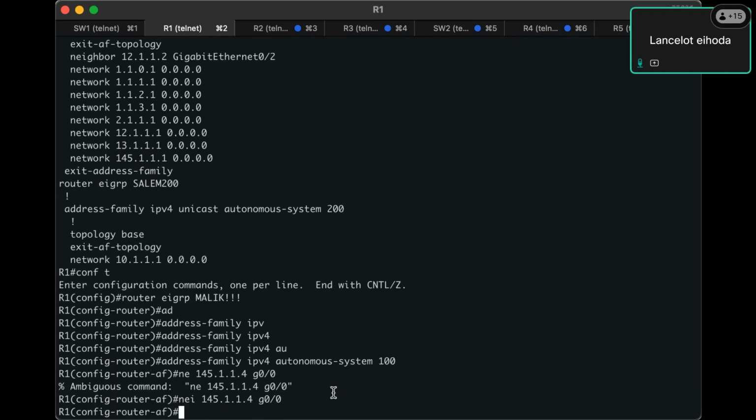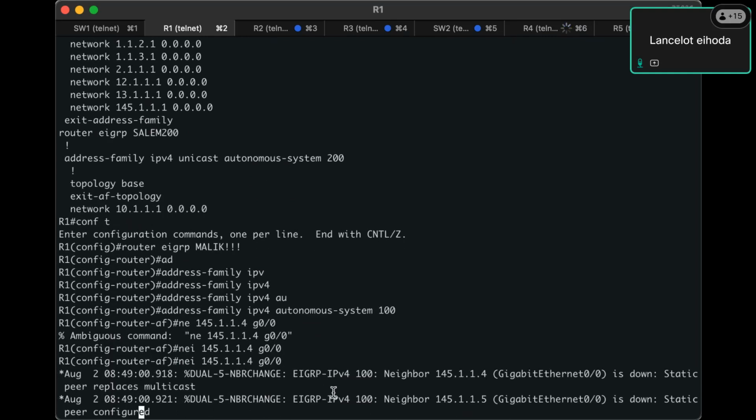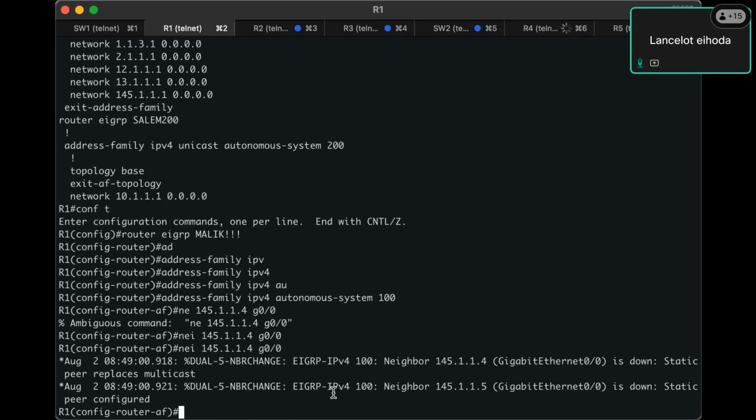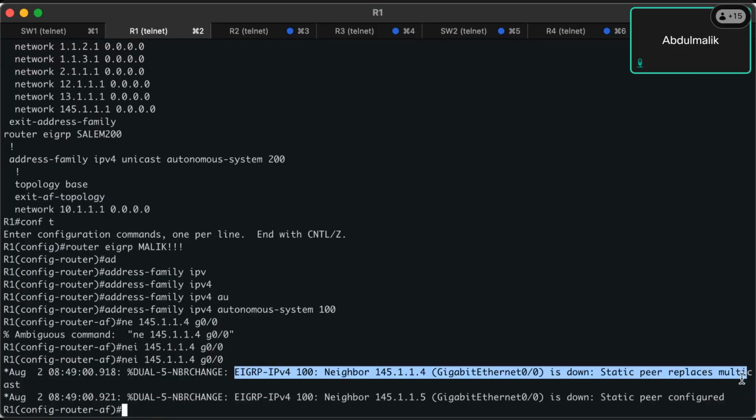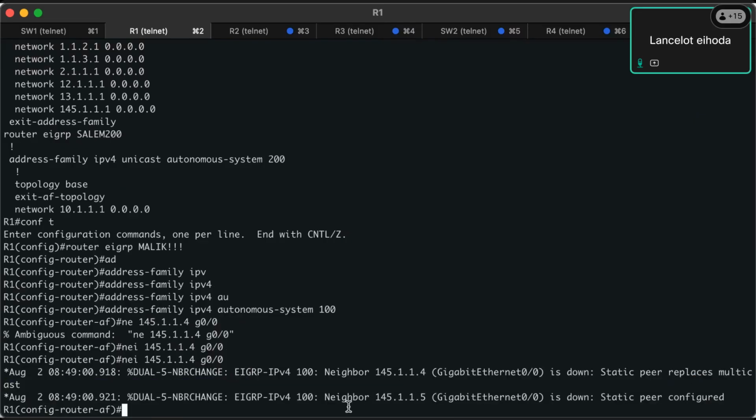Neighbor. And you can see that it went down, and can you see it says EIGRP down? Can somebody read this line of what it says? EIGRP neighbor down. Static peer replaces multicast. Beautiful. Now we need to do that on router 5.